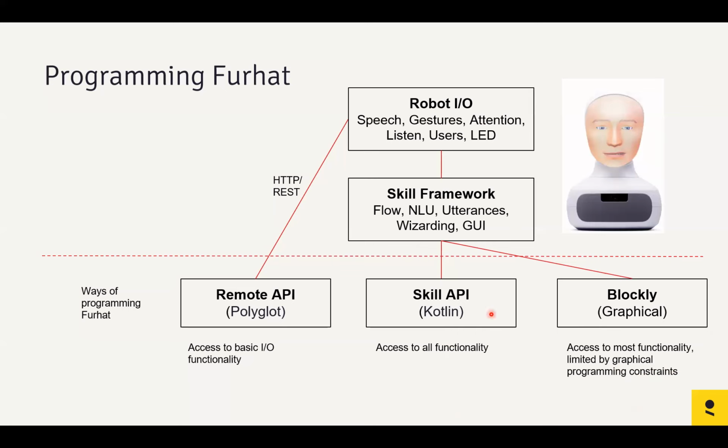These two are similar, but clearly the Kotlin Skill API is much more powerful because you can use a lot of different other libraries and APIs that you want to combine with the robot. Whereas Blockly is a bit limited, but it's of course very powerful if you want to explore what the robot can do, or if you only need to create more basic interactions, for example, for Wizard of Oz.